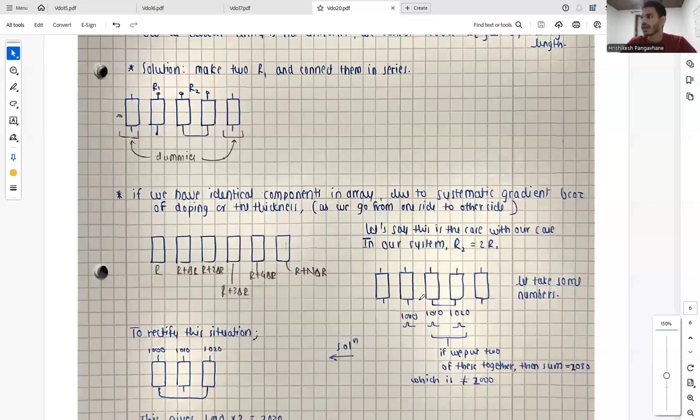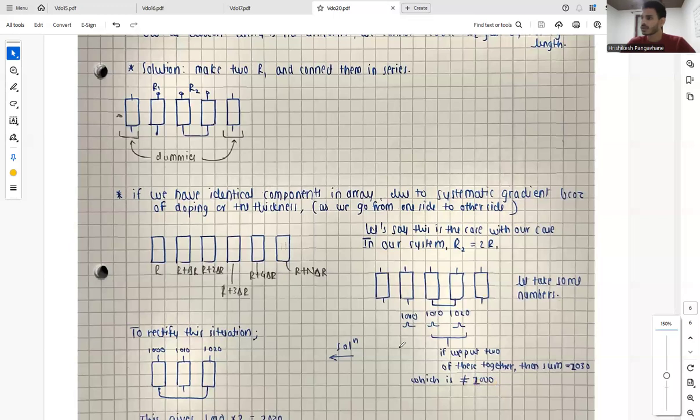These two are our dummy resistors, and we have R1 as 1000. Due to such an error, if it's 1000, the next will be 1010 ohms, then 1020 ohms, and when we connect them in series, the sum comes out to be 2030, which is not equal to 2000.